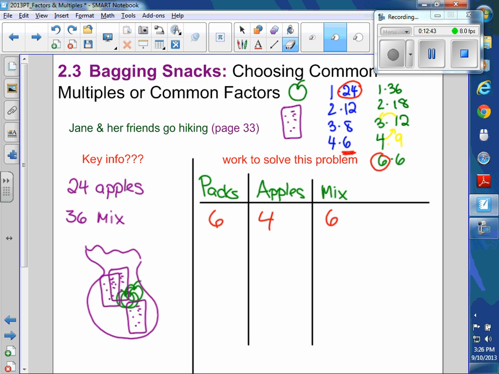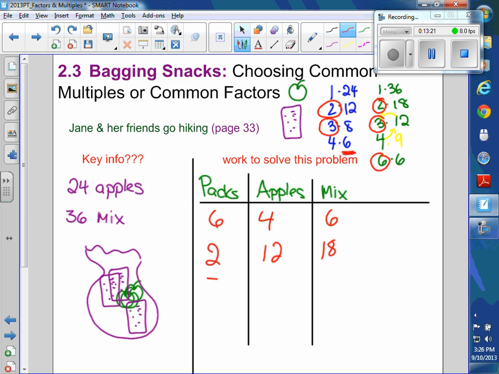So what would help me is if I circled the common factors first. Like 2 is a common factor. So I could do 2 backpacks, and in each backpack, how many apples would I have? 12, right. And Echo, how many bags of trail mix would I have? 18, right? Because that's the factor pair. So the next common factor is 3, right?